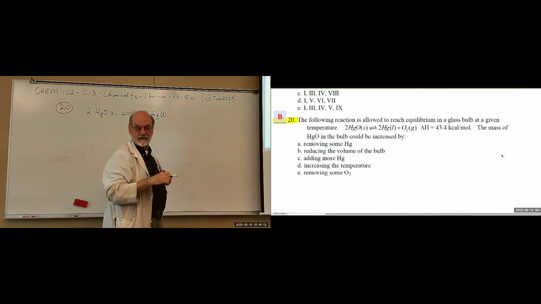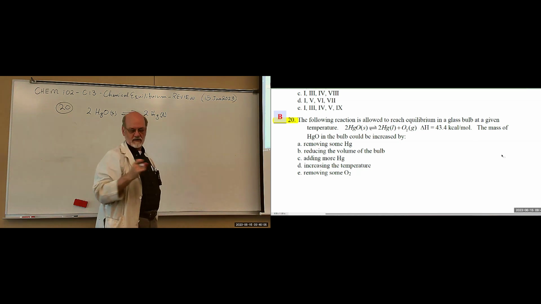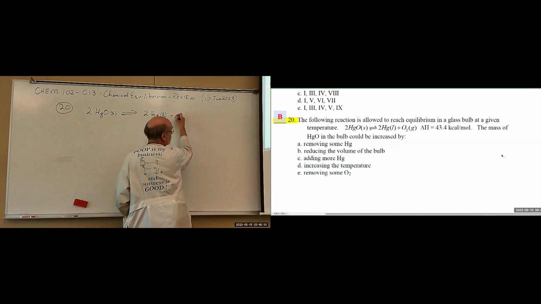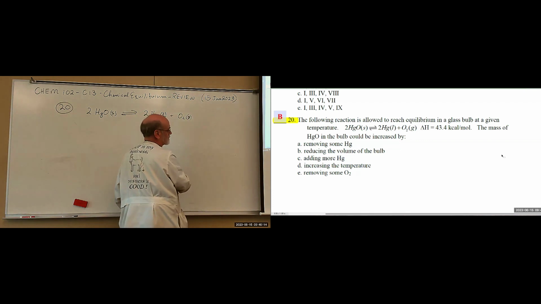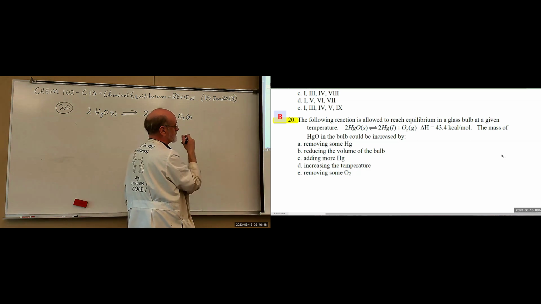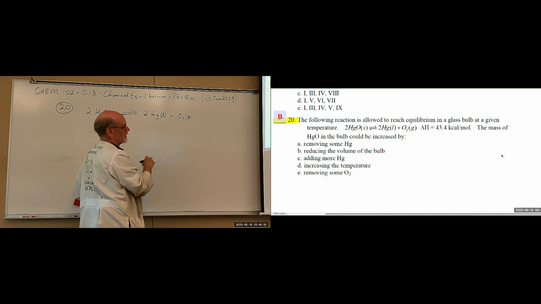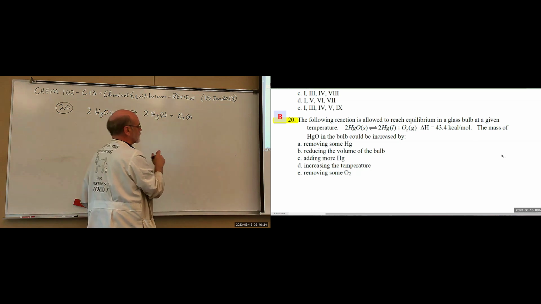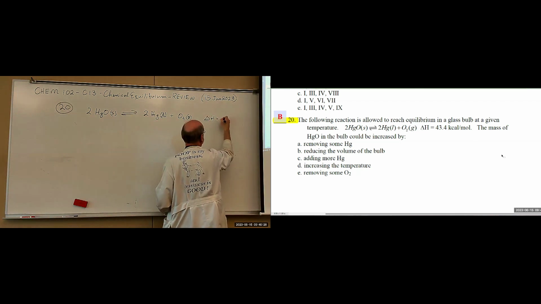It's going to be shiny, maybe, depending on how much you have in there, a little bead of that stuff in the bottom. And then oxygen gas is in the headspace above all these solids and liquids. These two are on the bottom of the container. And then delta H is 43.4 kilojoules. So this is an endothermic reaction.